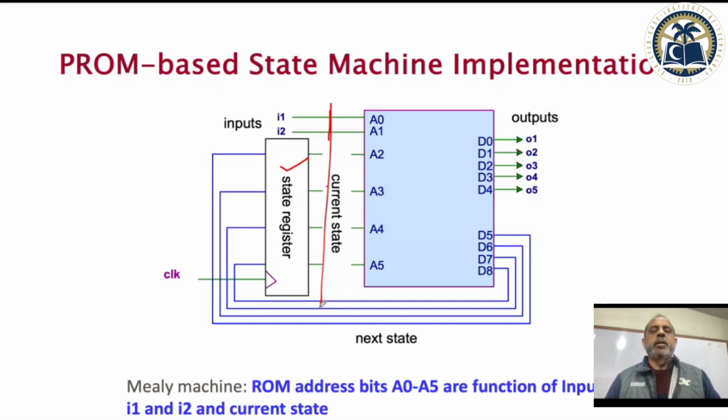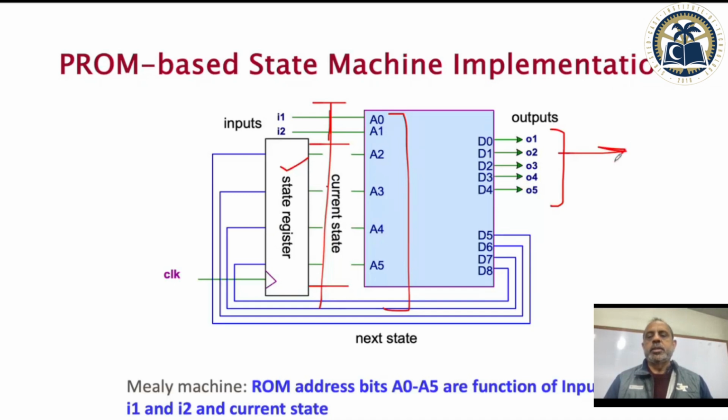One is the part which is governed by what is there in the state register, and another part which is basically the bits, the inputs that are coming in. So your address is now split into two parts, an input and what is there in the state register, and the data path is also split into two parts. This is the part which is controlling your data path. So these are the control bits.